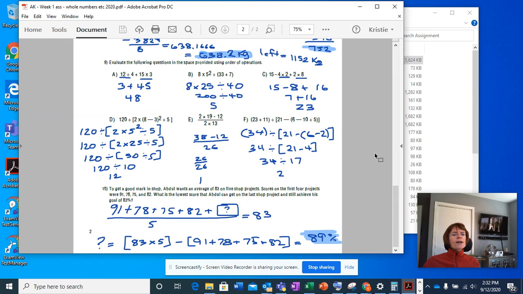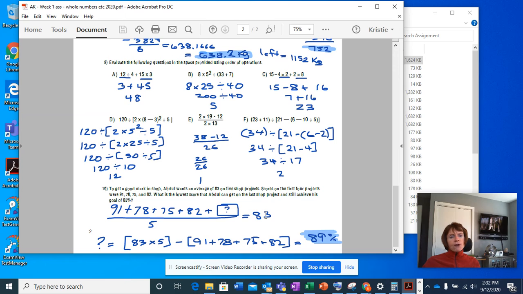So you have a grand total of 5 shop projects, and you want the average to be 83. So I put a little question mark with the unknown 5th project. The scores on the first 4, if you add those up, and then you can do trial and error, add the next one, the unknown, divide by 5, a bunch of times so you get 83.